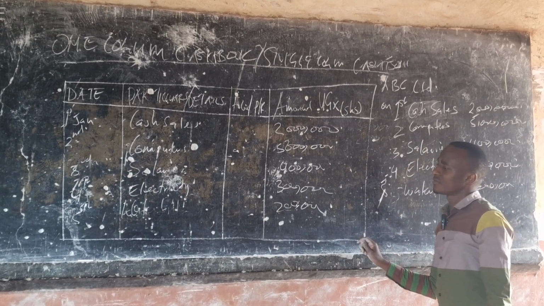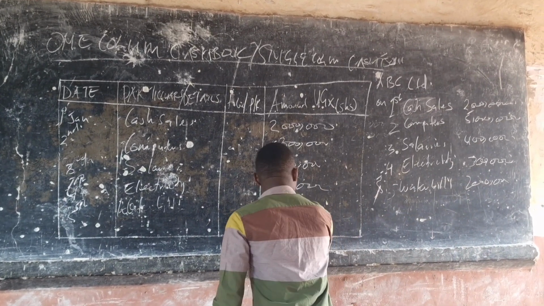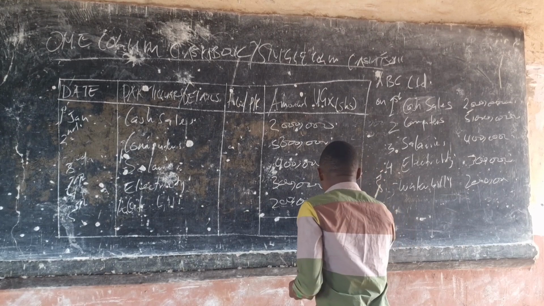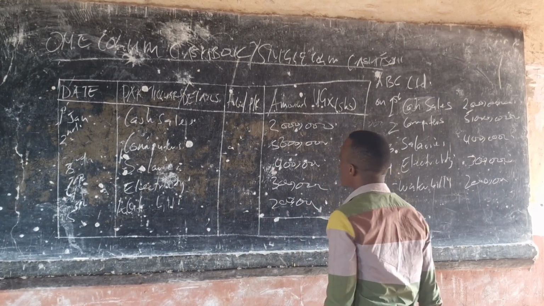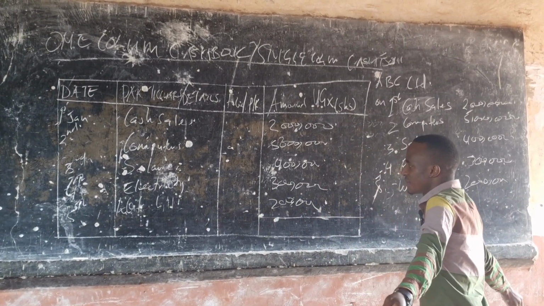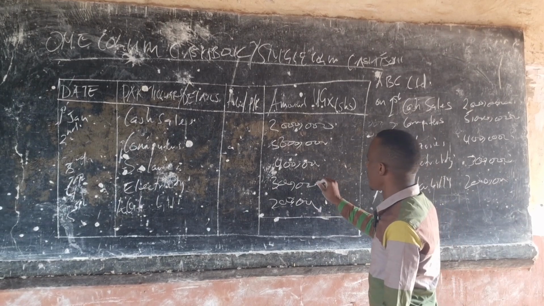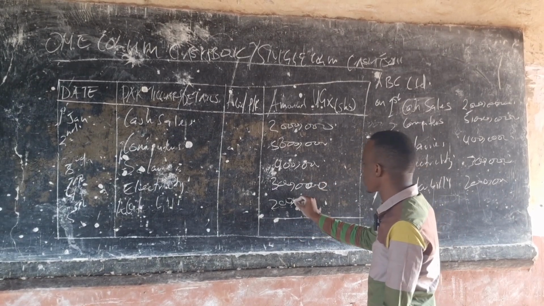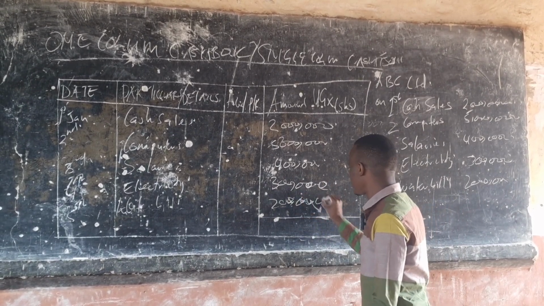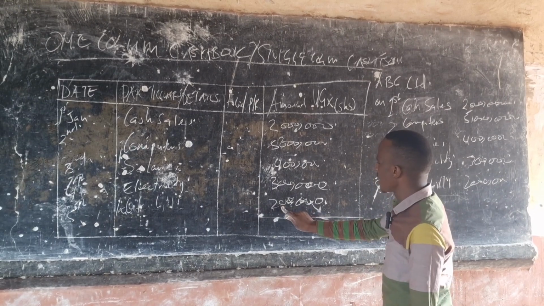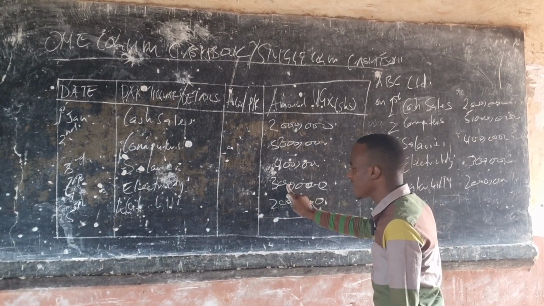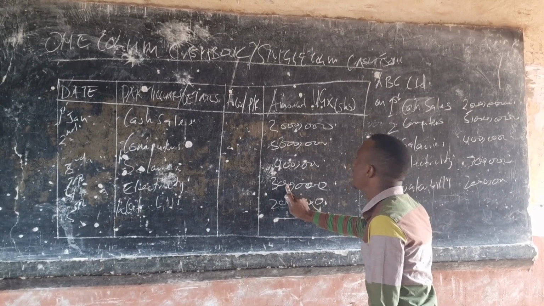And in a single column cash book, we add up to get the total. Let's add and see. This is 300,000. This is 200,000. When you add 200 to 300, that is 500,000.